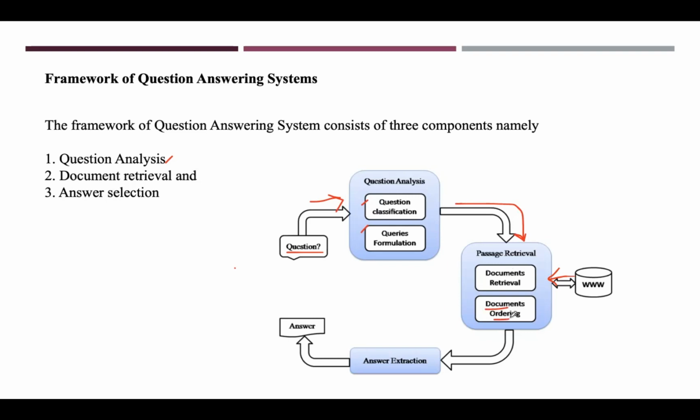Right? So here, this document retrieval phase does not obtain the exact answer to the query, but provides a list of documents containing the answer. So the document retrieval component may return either an unordered collection of documents containing the answer or a list of ranked documents with the answer, depending on the retrieval engine.